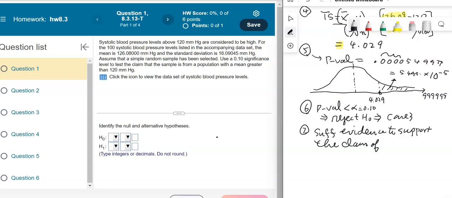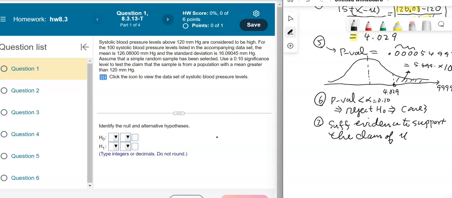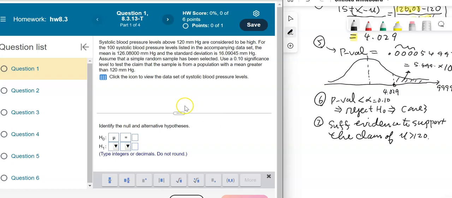Claim of, what was the claim? Mu is greater than 120. Okay, so now let's answer it. So this is mu is equal to 120 and H1 is mu greater than 120.